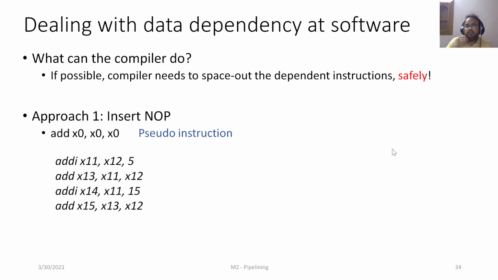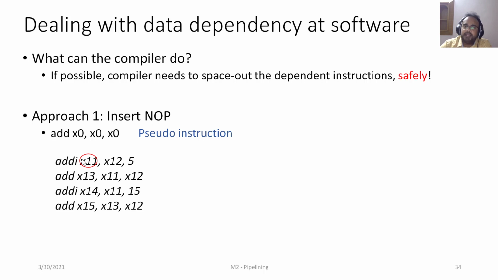Now let's look at what the compiler will do when it has this set of 4 instructions. We have ADDI x11 x12 5, ADD x13 x11 x12, ADDI x14 x11 15, ADD x15 x13 x12. The very first step that the compiler will do is try to see what all dependencies are there.